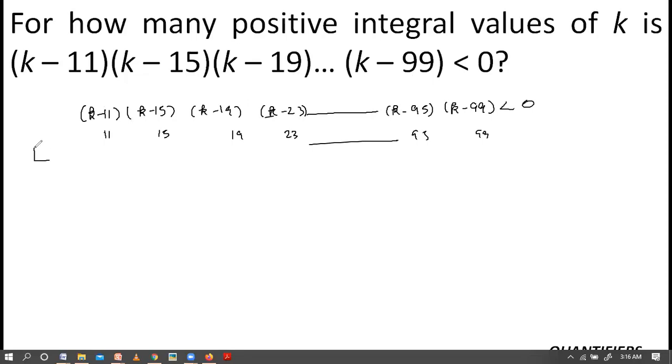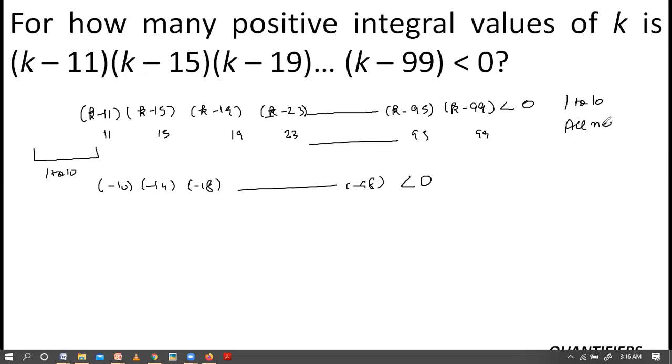So if I put any number from 1 to 10, can I say this bracket will be negative: 1 minus 11, 1 minus 15, 1 minus 19, up to 1 minus 99. So these are 23 terms. All the 23 terms are negative. So my result is going to be negative. So from 1 to 10, everything is negative. Right? This is the first thing.